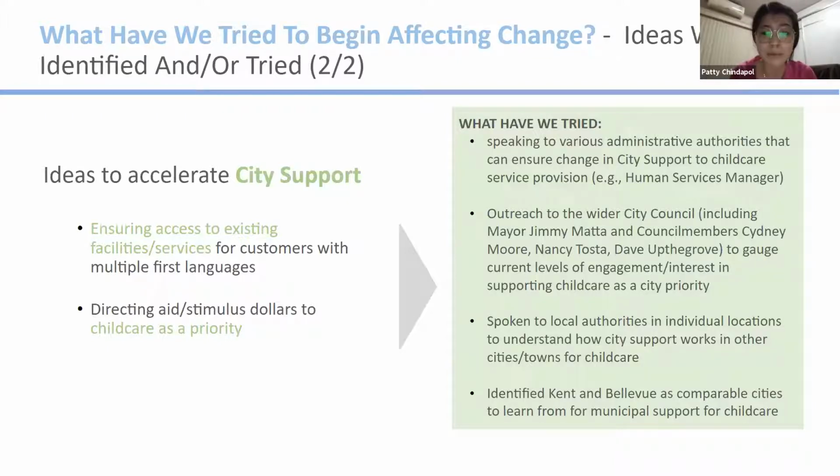So we've talked to a number of them, city council members as well. And then we've also spoken to local authorities in other areas like Boston and other cities that may have different systems going on, just to learn about what there is to learn from. And we've also identified Kent and Bellevue as comparable cities.